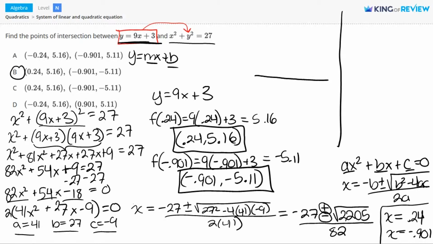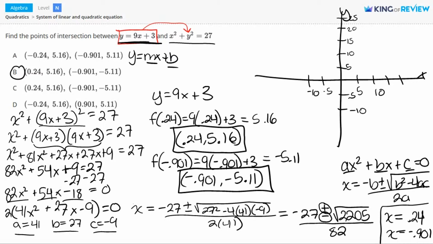We have our coordinate plane here with our x-axis and our y-axis. Okay, so I'm ready to plot the line now. Our b value is 3.